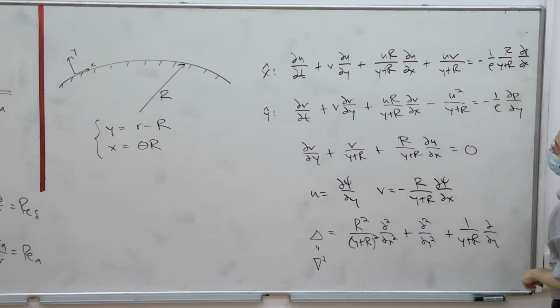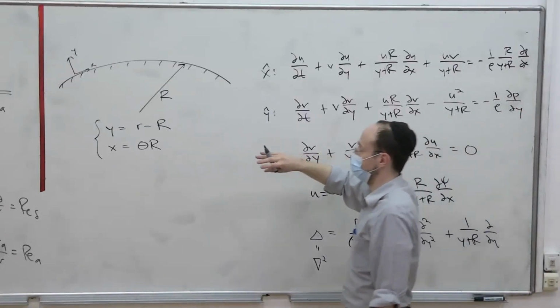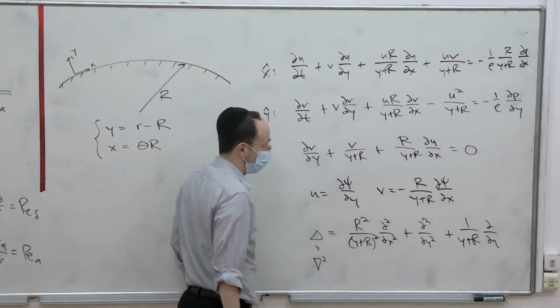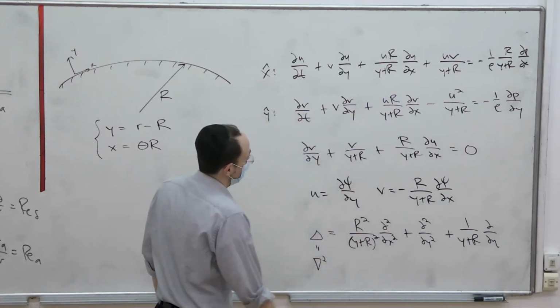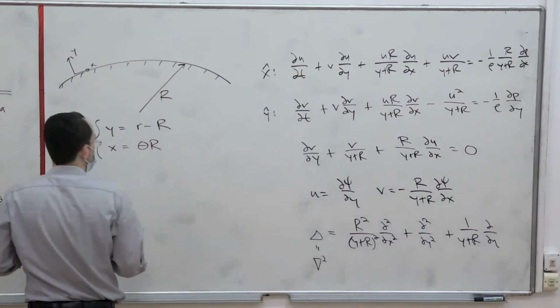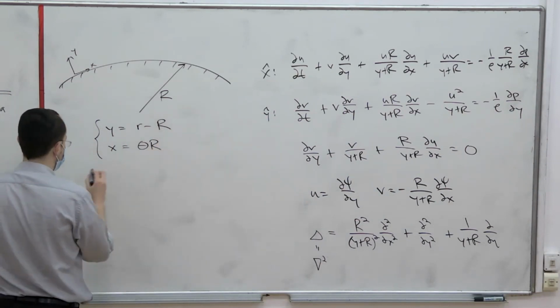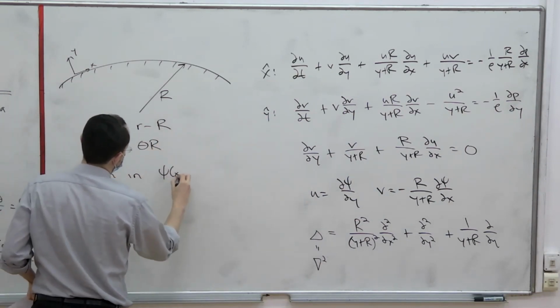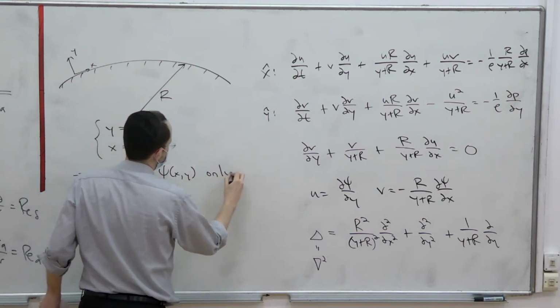Then I can simply subtract the two and cancel out the dp/dx and dp/dy terms, get rid of the pressure terms, and then I'll have a governing equation that's only a function of psi. Okay? So when I do all that, I will get an equation in psi of x and y only.